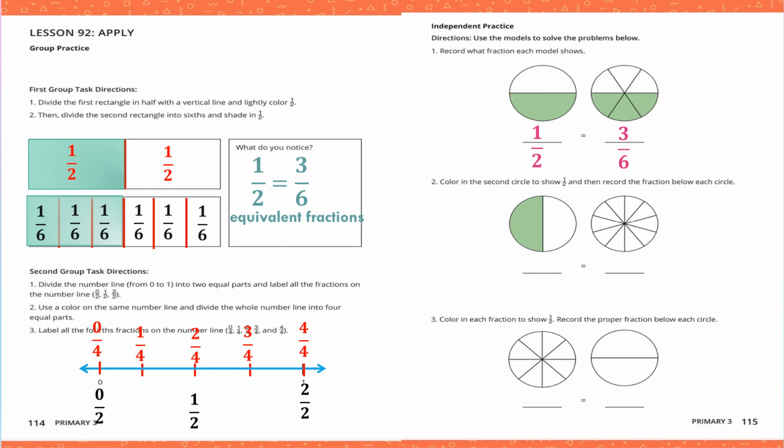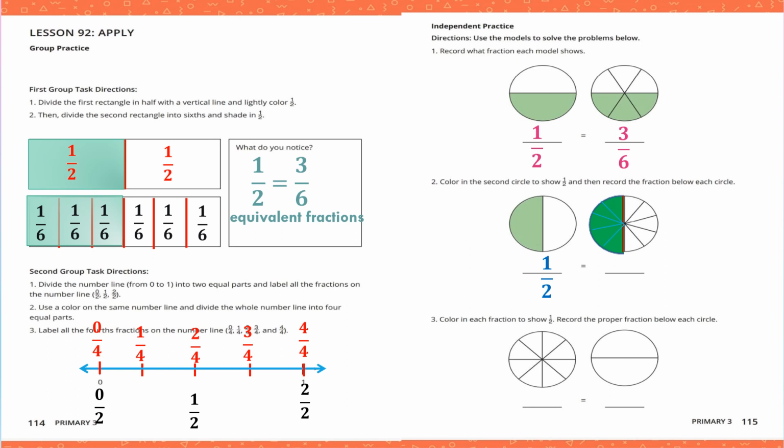Number 2, color in the second circle to show 1/2 and then record the fraction below each circle. So the first circle means 1/2. I need to color half of the second circle like this.